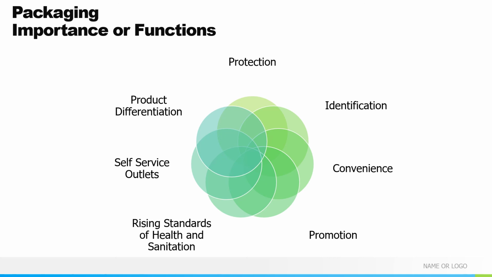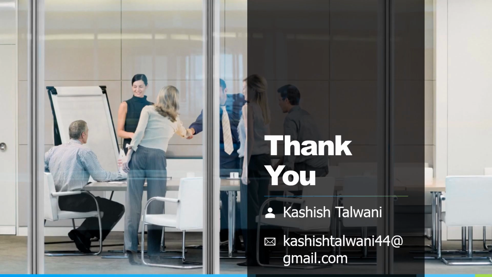For example, by looking at the package of a product, maybe a hair oil or some cosmetic, you can generally guess what quality it can give you. So looking at the package, we can decide whether we are willing to buy that product or not, or whether it will give me the quality which I am looking for. So it definitely plays a good role in product differentiation.